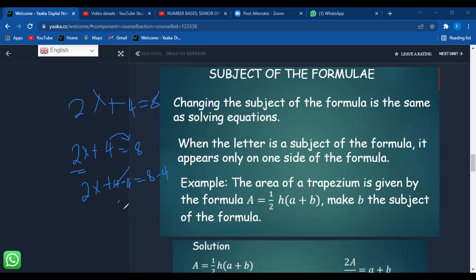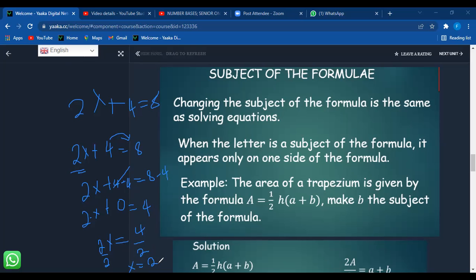This now gives us a 0 and then 2x, which is equal to 4. So here I would say 2x is equal to 4. Then we divide by 2 and here as well by 2, and we end up with x equaling 2.